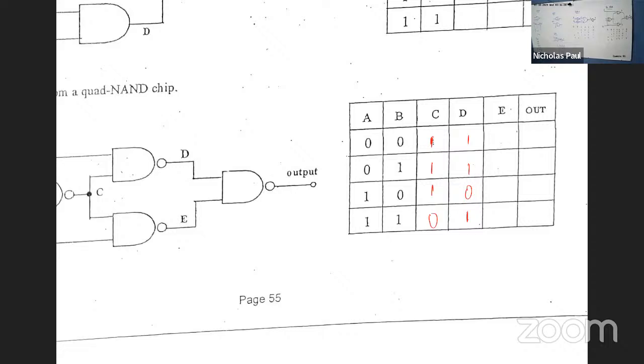E is looking at C and B. So 1, 0. And the output is what? D and E is what? Right? So they gave that XOR only.